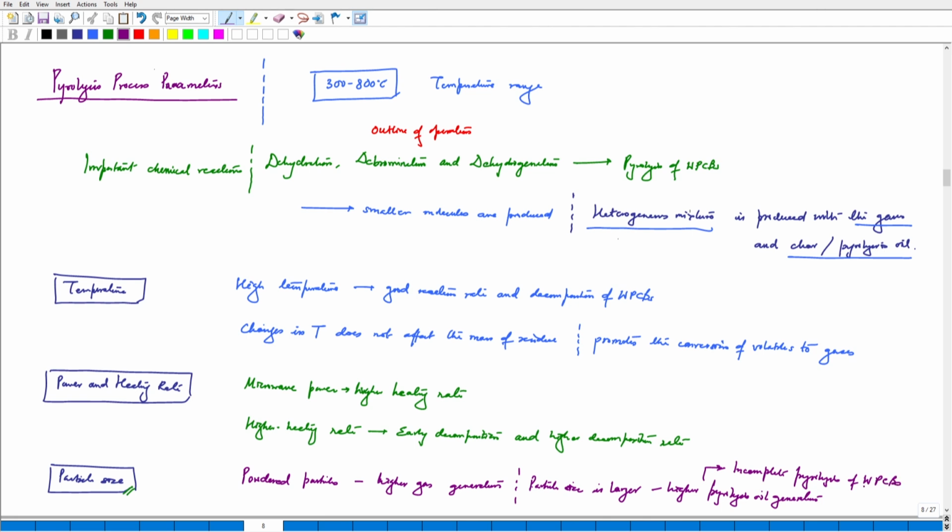So if we are using powdered particles, we have gas generation. If we have larger particles, we can have oil generation.